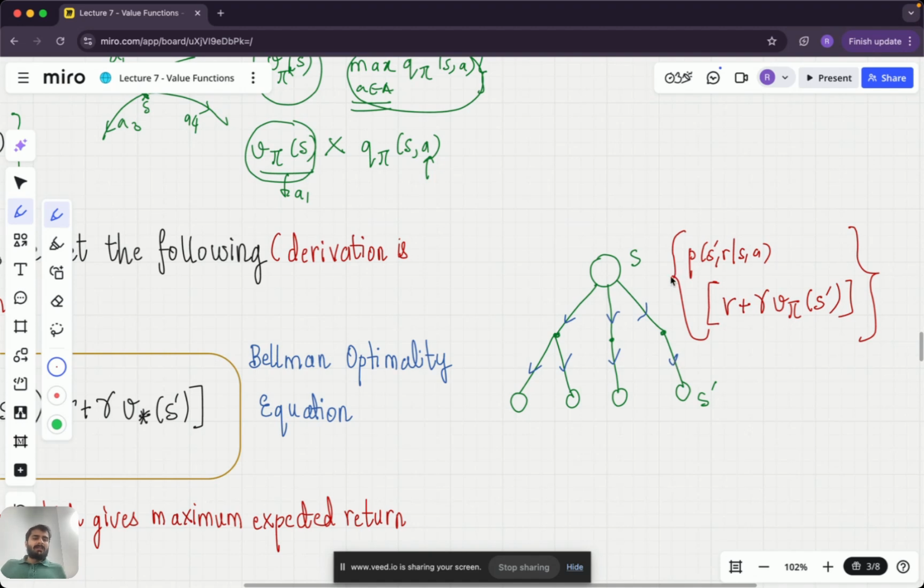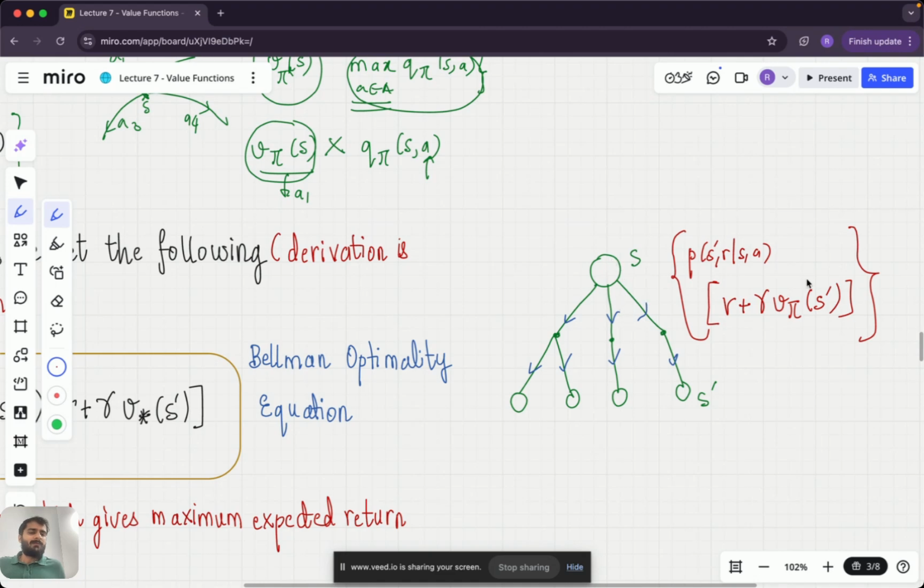Now, here in this expression, unlike the previous expression where we added all this, there were six terms, remember, which we added. In the Bellman optimality equation, we are not adding all these terms together, but we are only choosing one single action that is going to give us the maximum expected value for this state.